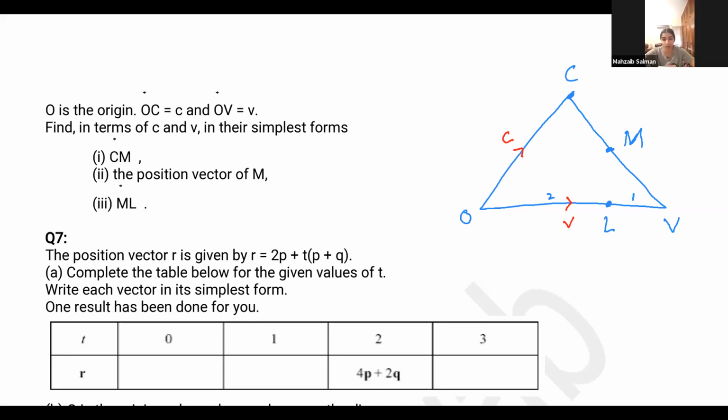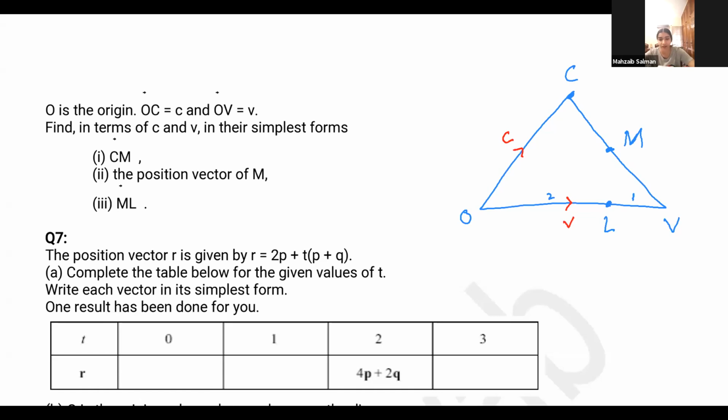Sir, VC is basically C. So CM is like half and where the direction is opposite. So -1/2C. No, you are saying VC is also C. How come? Are OC and VC parallel?